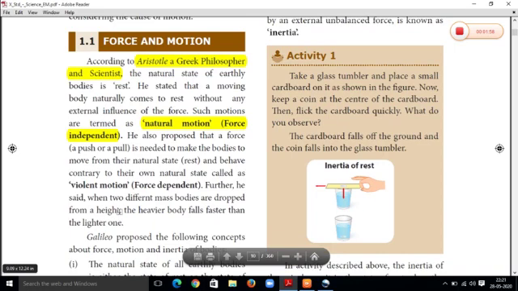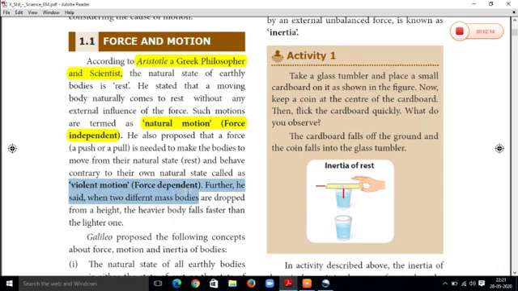And also he proposed that a force is needed to move bodies from their natural state, that is, from the rest position. Here, an object behaves contrary to its own natural state, so it is called violent motion. Here, force is dependent.